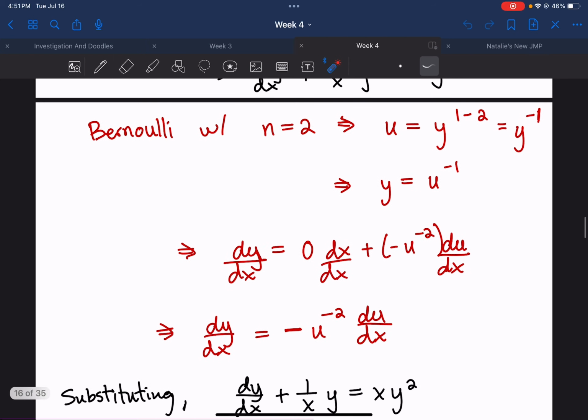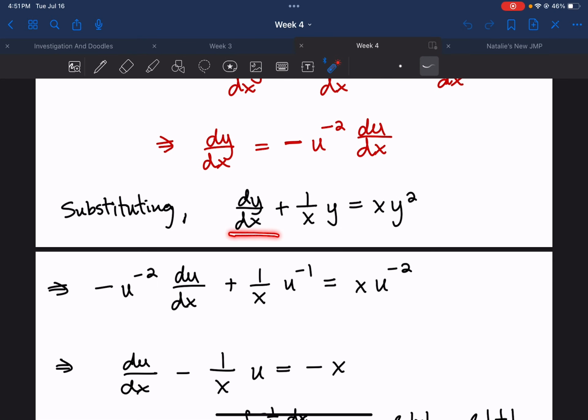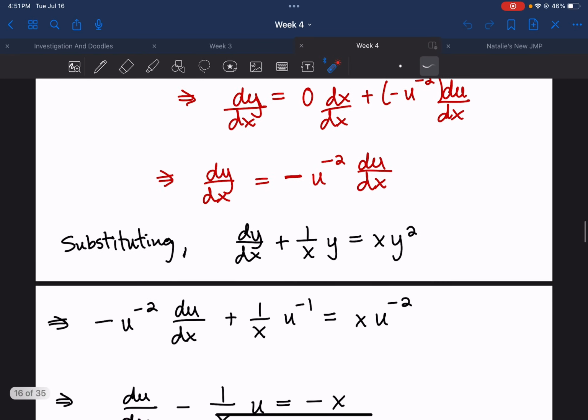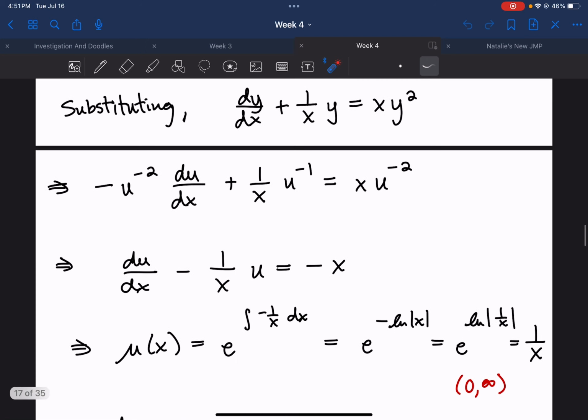So that means dy dx equals negative u to the negative 2 du dx. And when I substitute, dy dx becomes negative u to the negative 2 du dx. 1 over x y becomes 1 over x u to the minus 1, because that's what y is equal to. And x times y squared becomes x times u to the negative 2 power.